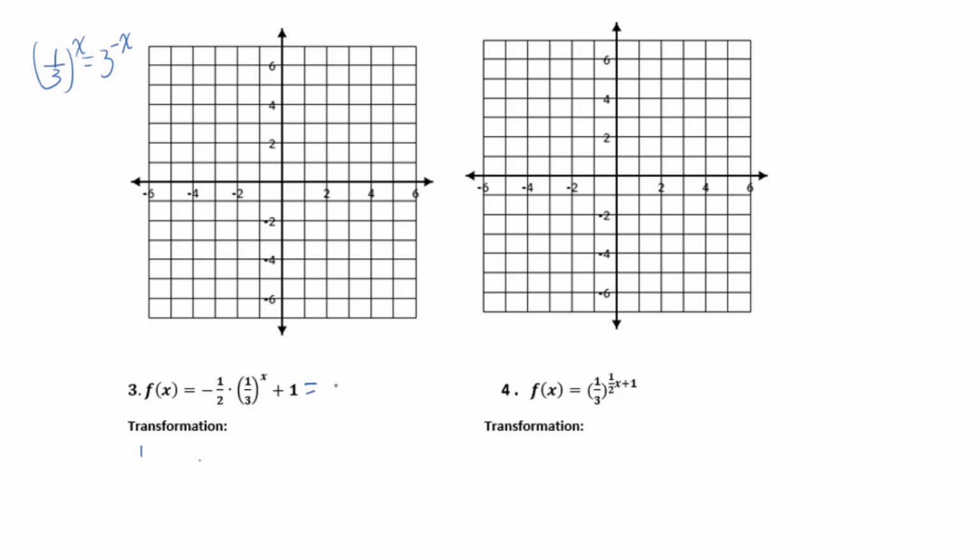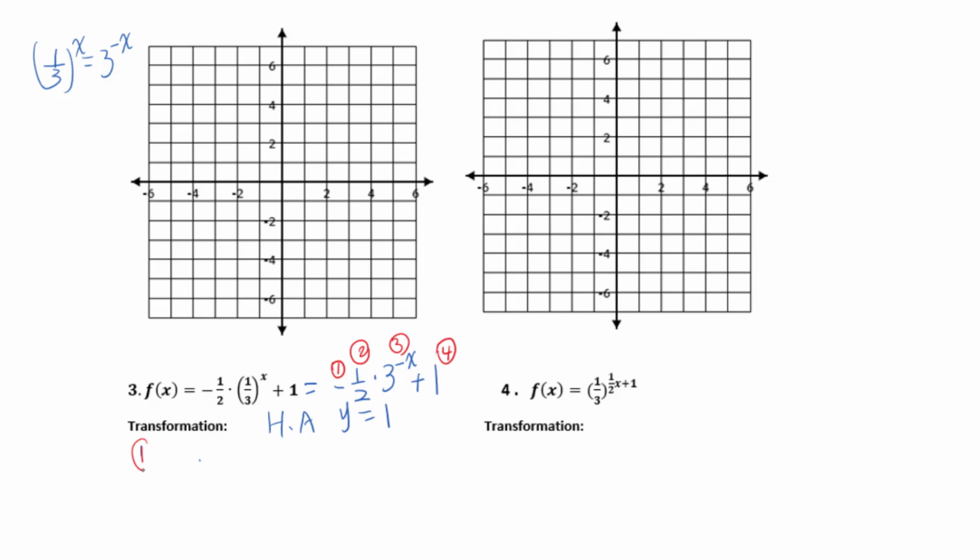So we have -1/2 times 3 to the negative x power plus 1. The horizontal asymptote line is y equals 1. 1, 2, 3, 4 steps.